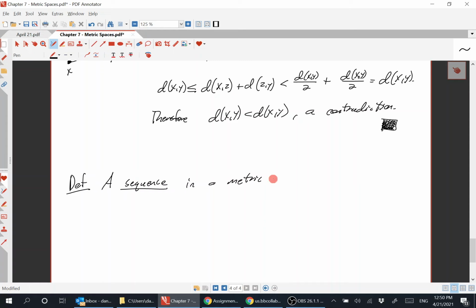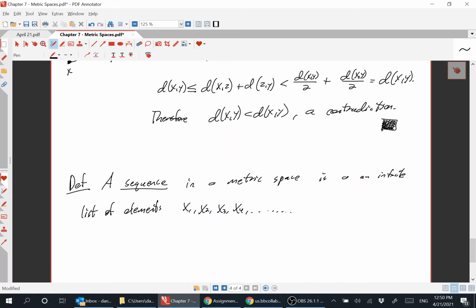Now, metric spaces that you study will have algebraic structures, specific ones, but in general they don't. So a sequence in a metric space is just an infinite list of elements x1, x2, x3, x4, just like that.